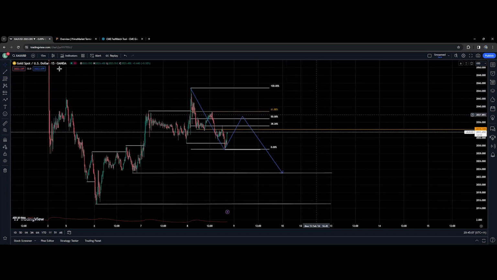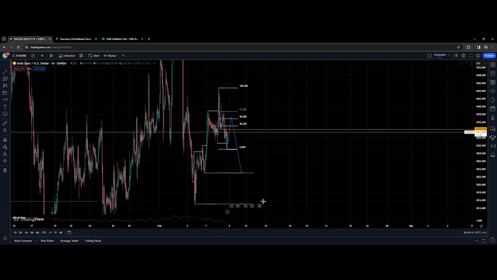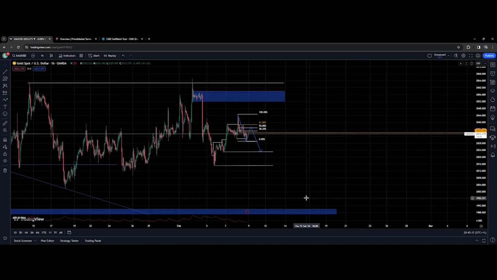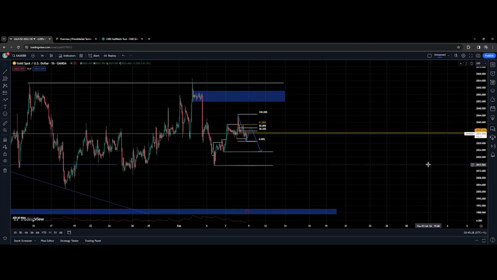But the whole 1 hour structure feels like we are actually coming down now. Down, pullback, and now down again. Even on the 1 hour, we did have a break of structure here. So most probably, yeah, we will continue to go down. Okay, so that's my view on gold.